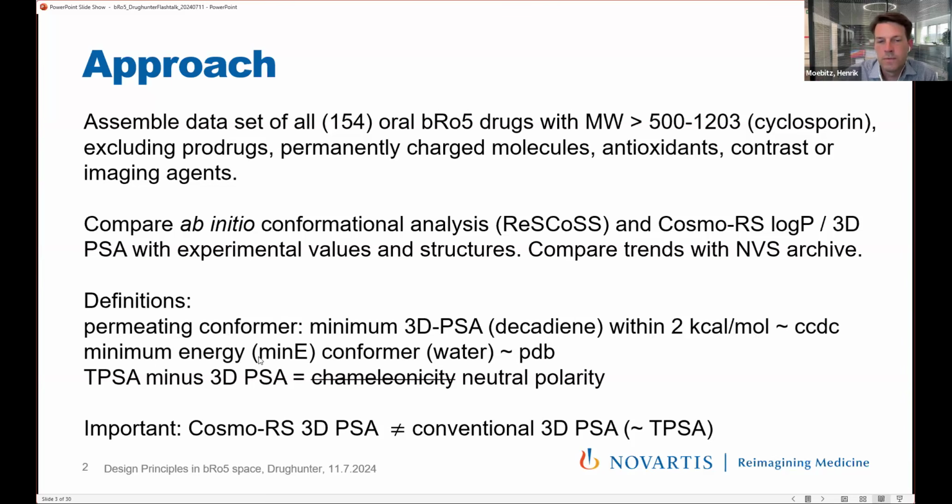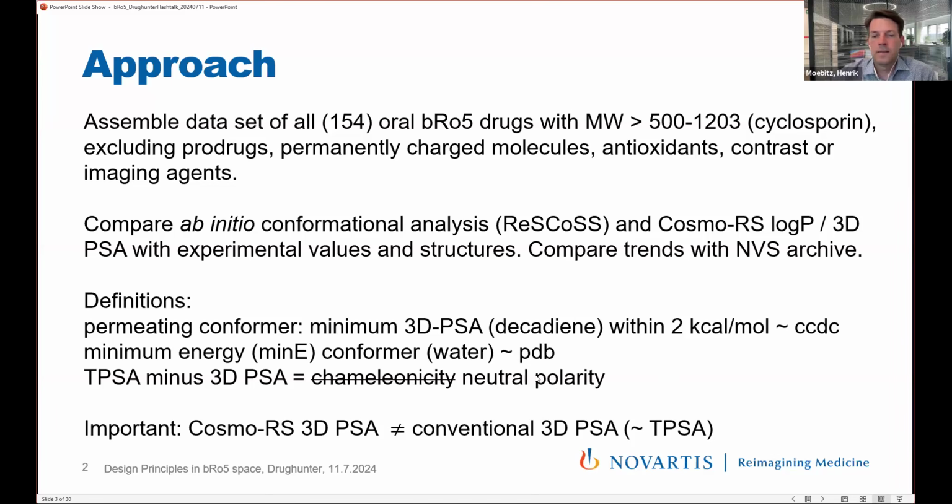And as proxies for both, we use the PDB because that's a binding in a polar environment, or the CCDC, where the molecule sees its own mostly greasy environment. And last but not least, I'll show you that this measure of chameleonicity, which I introduced, is actually better viewed as something else, which I call neutral polarity.